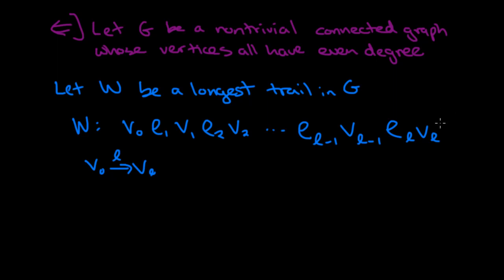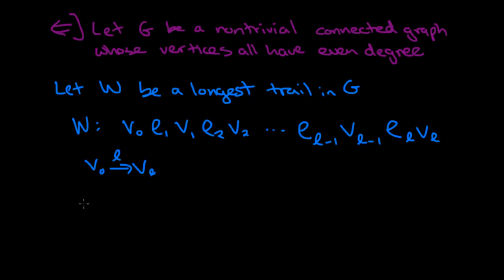And because if V L was to occur k times throughout this walk, then if we were to just end at V L, it would have an odd degree, but we know it has an even degree. So since it has an even degree, and since we've used up all of the edges that come out of it, it follows that V L has to be equal to V0.